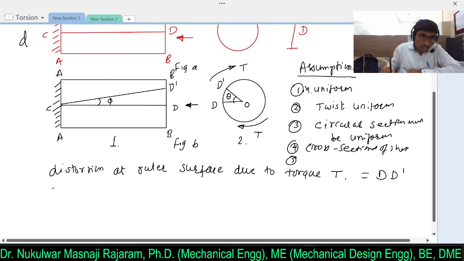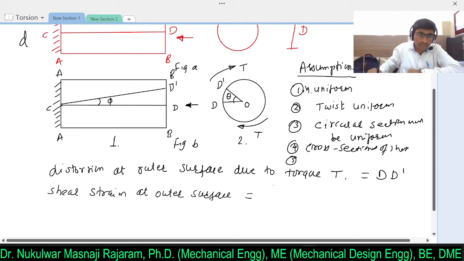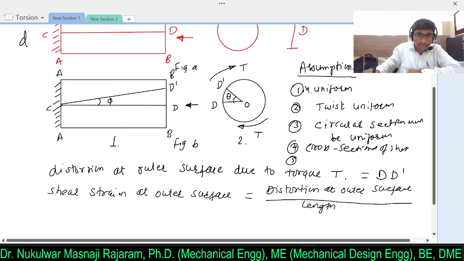Clear? Now if I evaluate shear strain, here we applied the tensile force, so we get the shear strain at the outer surface, which is equal to the distortion at the outer surface divided by the length of the shaft.